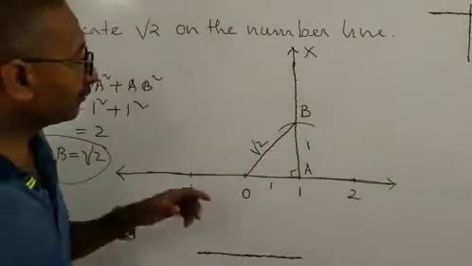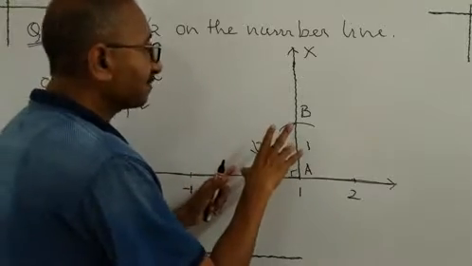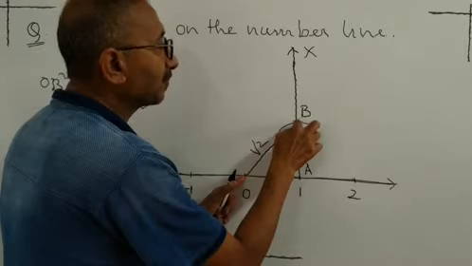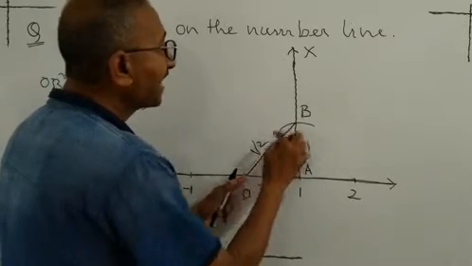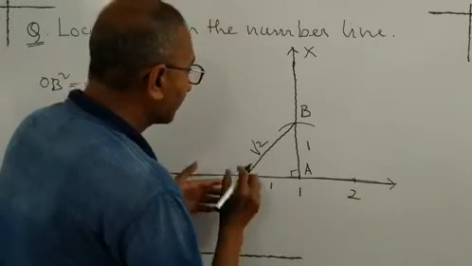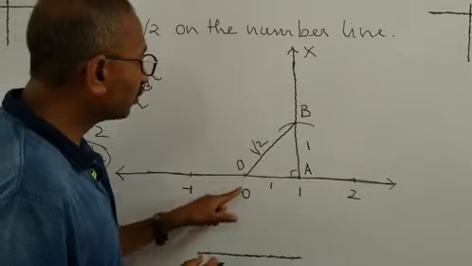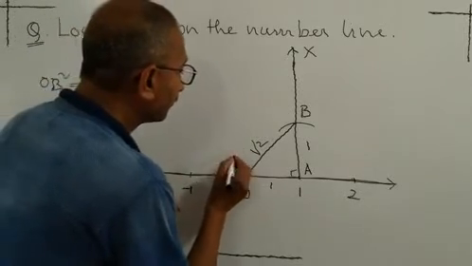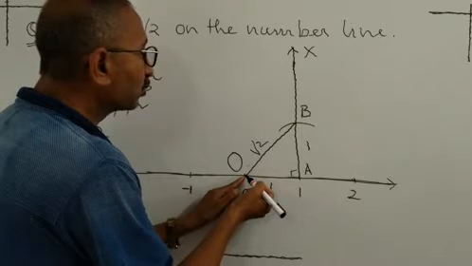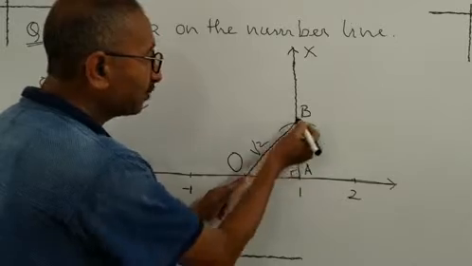Now this length is root over 2. I place the needle of my compass here, the tip of the pencil there. I have taken the center to be O, this is 0. So I have taken point O as center, and I will consider OB to be the radius.